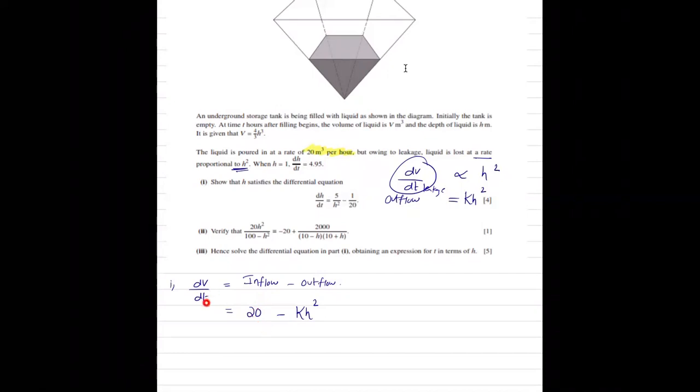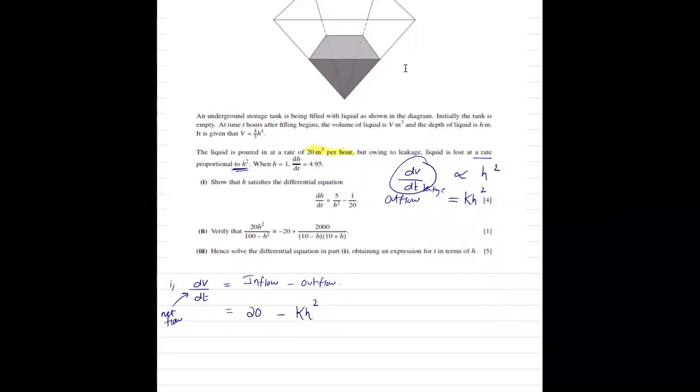So the net flow, or you can say the rate at which the liquid is present inside the container, is equal to 20 minus kH square.